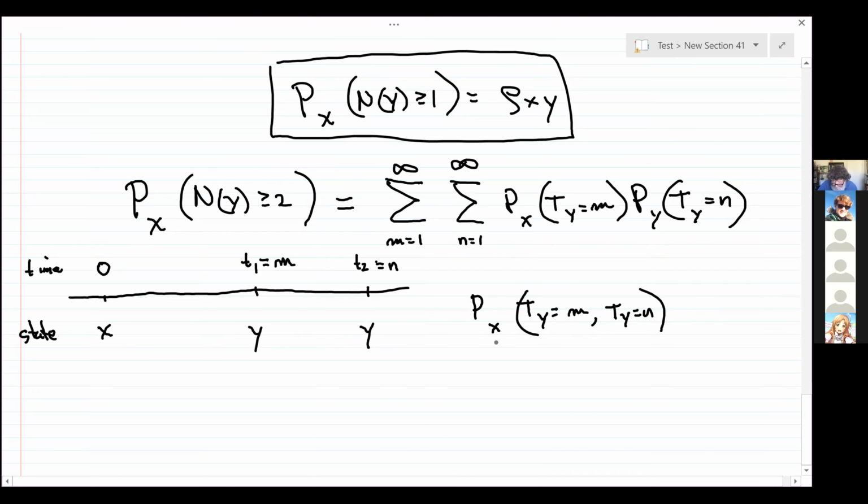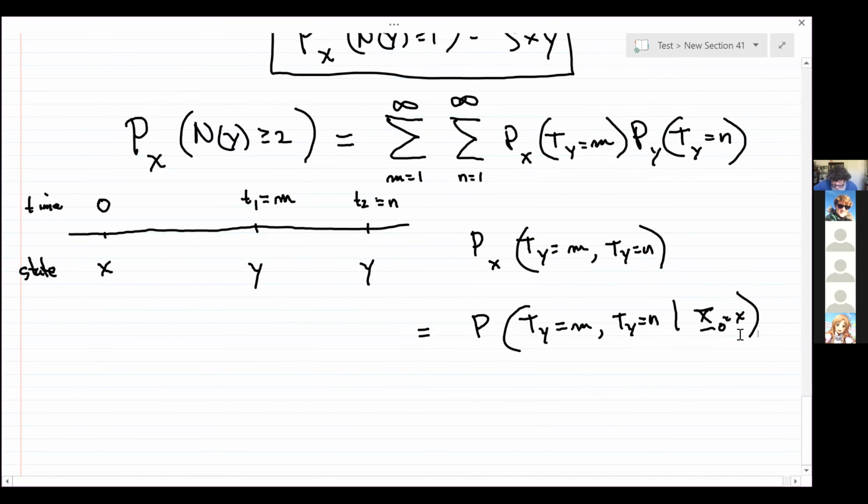But the question becomes, how does this turn into that? What does all this really mean? This really means this, conditioned upon where you were initially, which was at x. Okay, that's what this notation means.